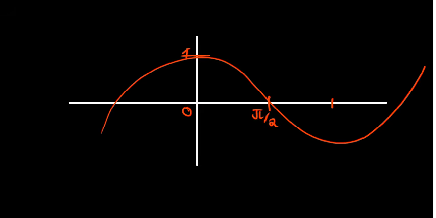Cosine of 180 is a negative 1. Then cosine of 3 pi over 2, that's 270, is 0. And then cosine of 360 is also a 1.